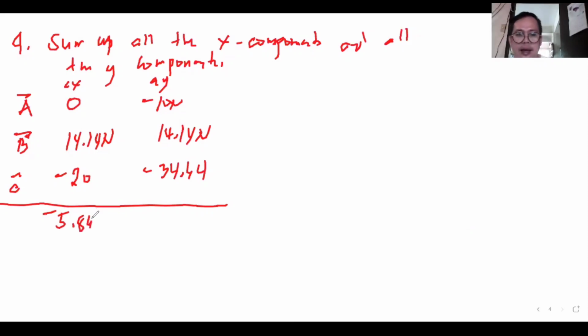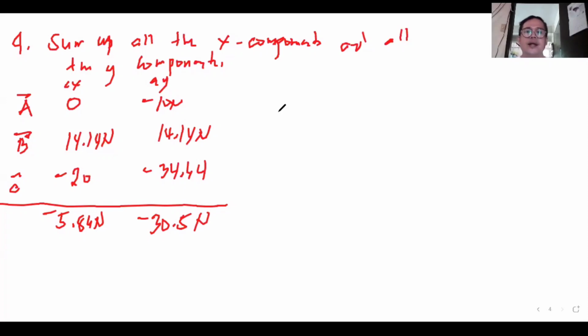And then your y, negative 10 plus 14.14. Okay, plus negative 34.64. And your answer is negative 30.5 newtons. So amo rin dya ang atin nga summation kag atin nga x kag y.